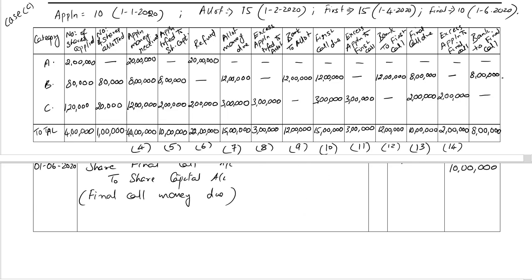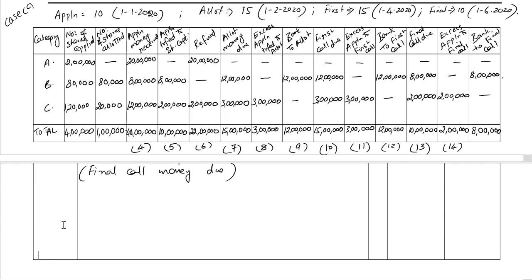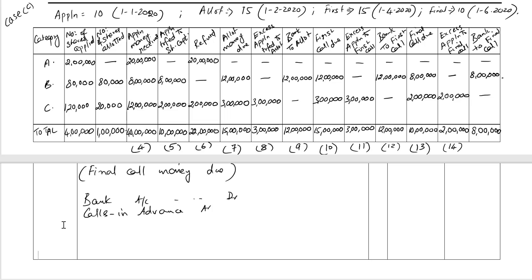The final journal entry. We will receive the final call and also transfer the calls in advance pertaining to the final call to the share final call account. Bank account debit, calls in advance account debit, to share final call account.